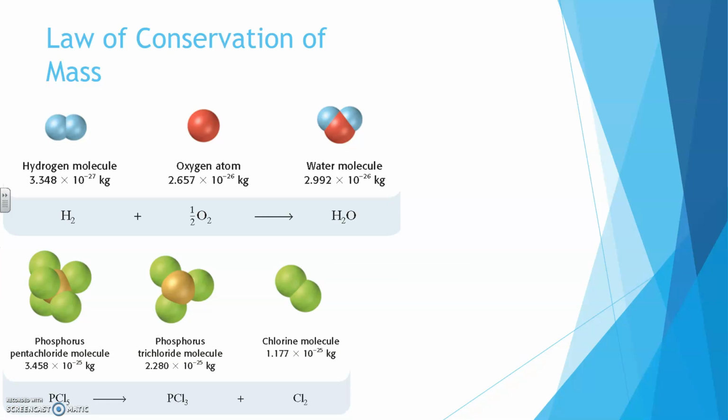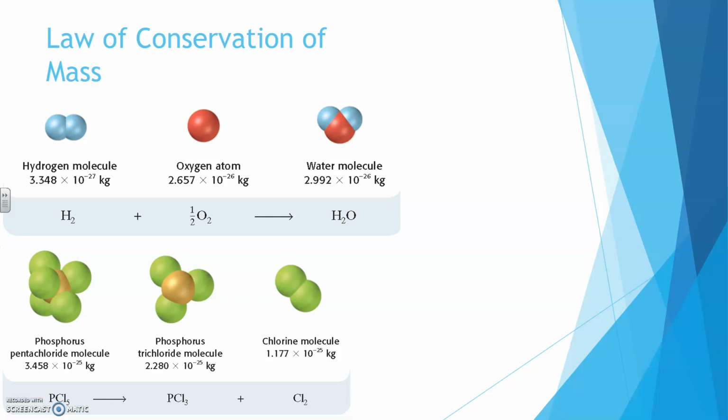And then again, in this instance, we have a phosphorus pentachloride molecule breaking up. You're going to have 2 of the chlorine atoms bond together, and then the remaining 3 chlorines and the phosphorus bind together.